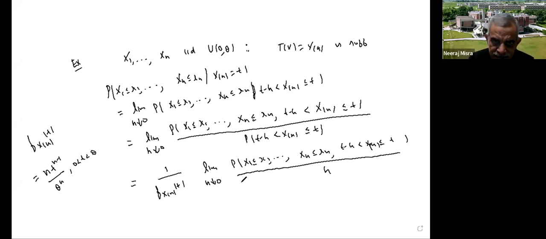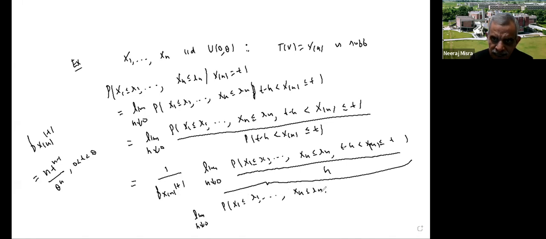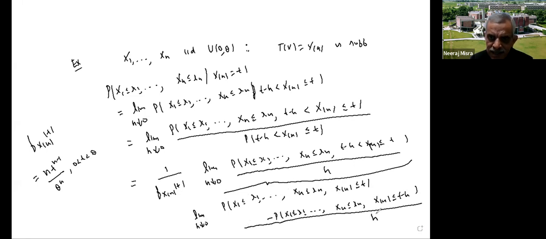Now I try to look at just this quantity. This is the same as the limit h going to 0 of the probability that X1 less than or equal to x1, ..., Xn less than or equal to xn, and X(n) less than or equal to t, minus the probability that X1 less than or equal to x1, ..., Xn less than or equal to xn, and X(n) less than or equal to t minus h, divided by h. Now X(n) less than or equal to t means each Xi is less than or equal to t.